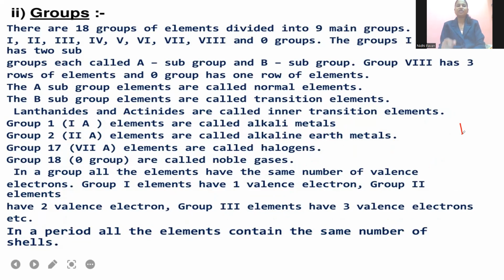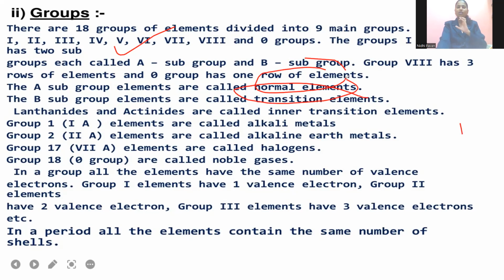Groups 1 to 7 have 2 subgroups, called A subgroup and B subgroup. A subgroup is called normal elements, whereas B subgroup is called transition elements. Group 1 is called alkali metals, group 2 is called alkaline earth metals, group 17 has chlorine, bromine, iodine, which are called halogens. Group 18 has noble gases or inert gases.